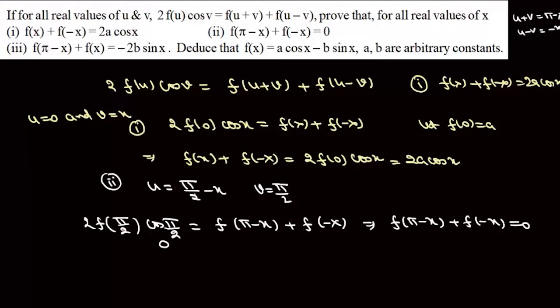Now this third part is we need to prove f(pi - x) + f(x) is -2b sin x. Now here, rather than having -x, we are having this as x. So if we take this as x here, we'll get u as pi/2 now and v as pi/2 - x. So for this third part, we'll take u as pi/2 and v as pi/2 - x.